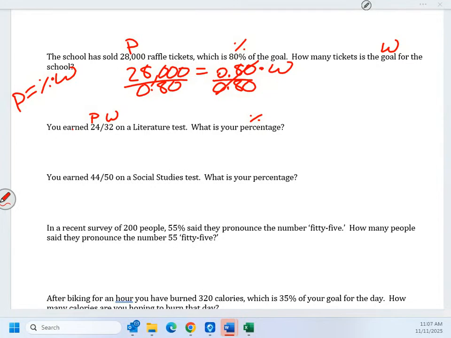Show your work. Now you use your calculator and you say, okay, 28,000 divided by 0.8 gave me this answer. Always make sure the first top number is the first number in your calculator, divided by the bottom. So show me what math, don't just write the equation out and be done. Show me what you were multiplying or what you were dividing.